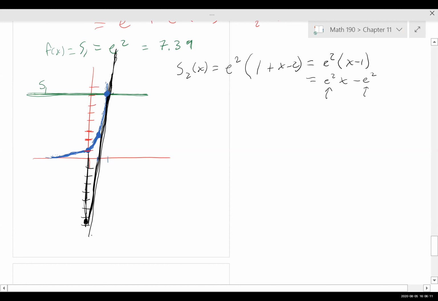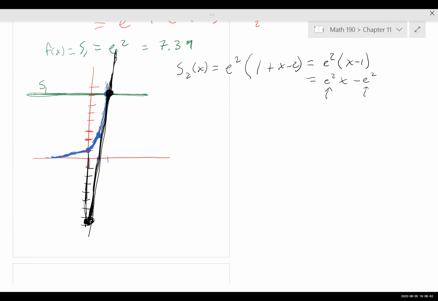Okay, well, look at that. That is a line that goes through negative e squared, and it has slope of e squared.